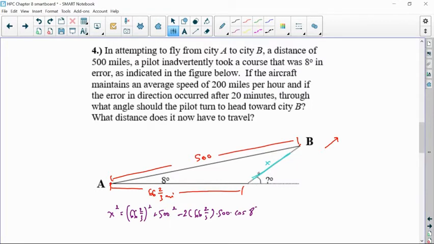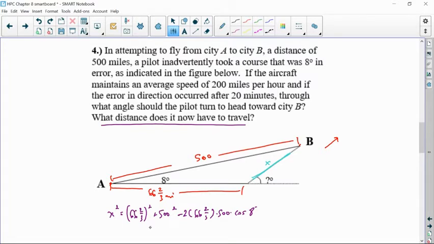That'll give me how far I am from city B. So that's kind of like the second question. Okay, so 66 2/3 squared plus 500 squared, and then minus 2 times 66 2/3 times 500 times cosine of 8, and then square root.